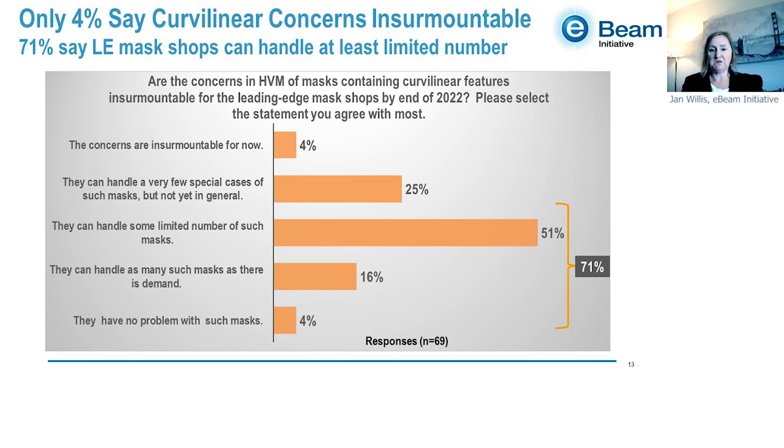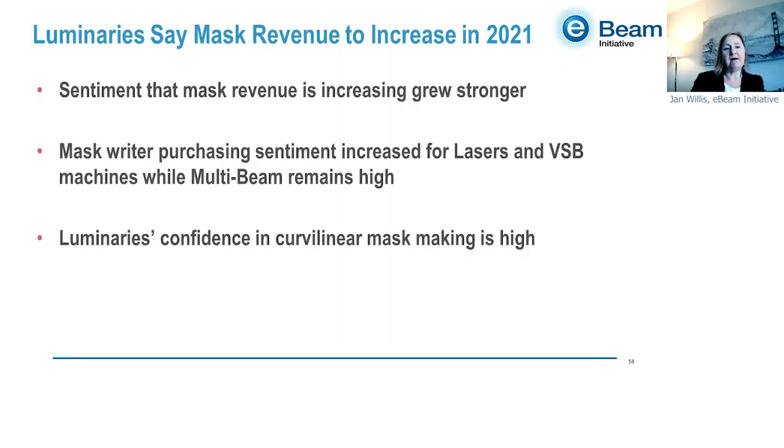With that, let's conclude by reflecting on how the luminaries are very positive and optimistic in general. In particular, the sentiment increased and even grew stronger that mask revenue is increasing for 2021.